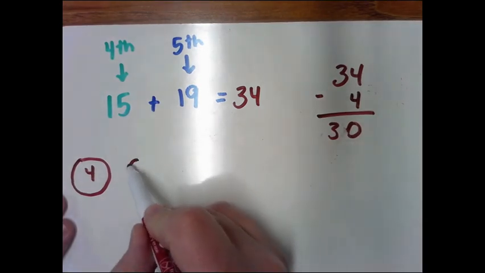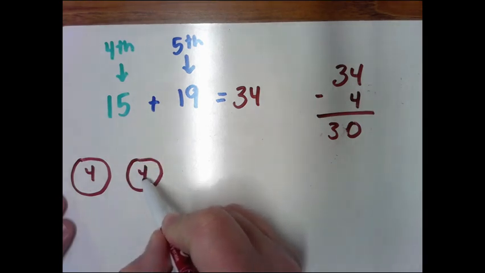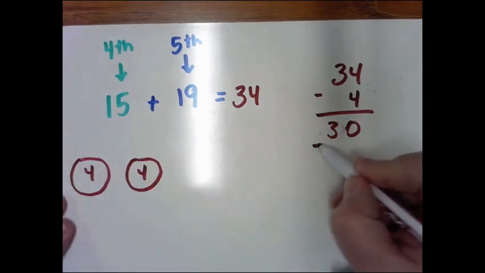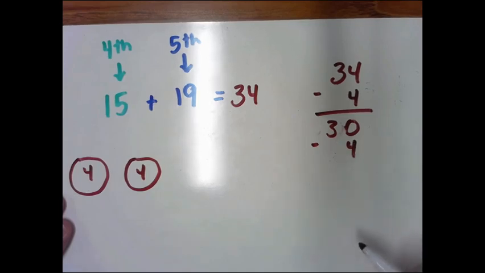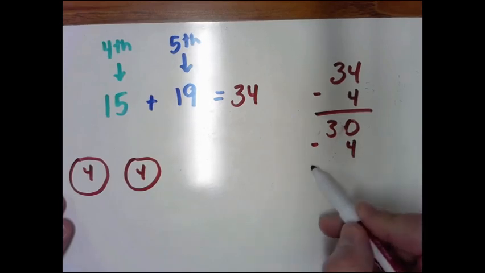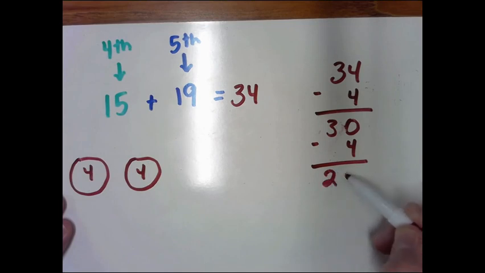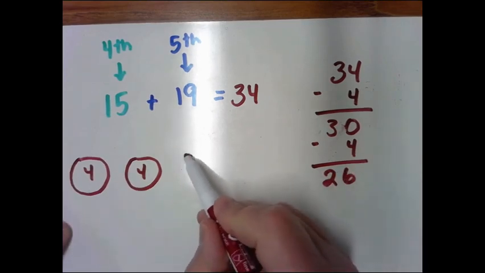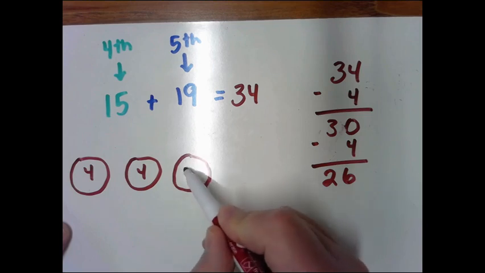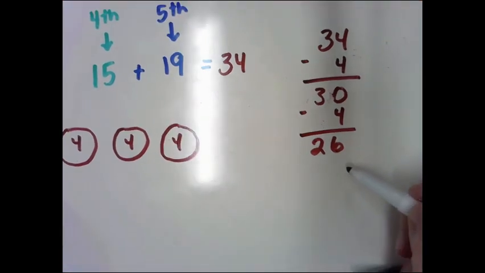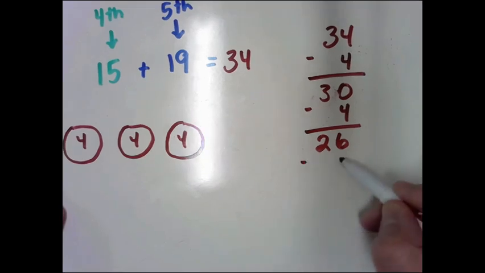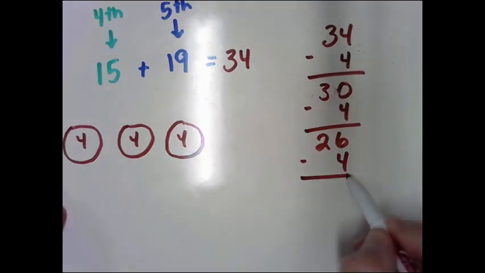So now let's do a second table. Again, we need to take away 4 more kids from our total. That leaves us with 26 children left to sit. A third table. So again, we were left with 26. I'm going to take 4 kids and put them at the table.